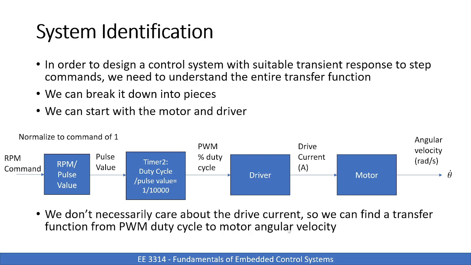Okay, so we really just want to find a transfer function that gives us PWM duty cycle to motor angular velocity. That's really what's going to be in our G of S, our motor and driver transfer function. Okay, so you can consider this like a step input, right? If we were to do a 0 to 1, that's going to give us some sort of response on our angular velocity.